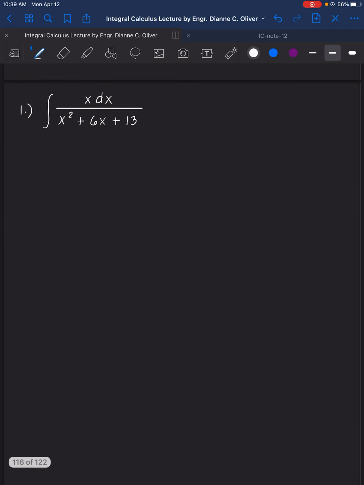For number 1, we have here the integral of x dx over x squared plus 6x plus 13. Now we need to determine first if we will apply here quadratic factors. So knowing this as a, small b, and small c, let's check.